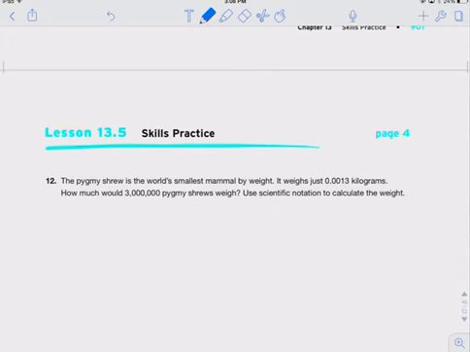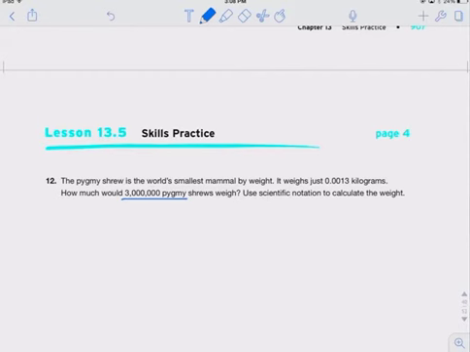The giant shrew is the world's largest mammal by weight. It weighs 0.0013 kilograms. How much would 3 million pygmy? What did I say?